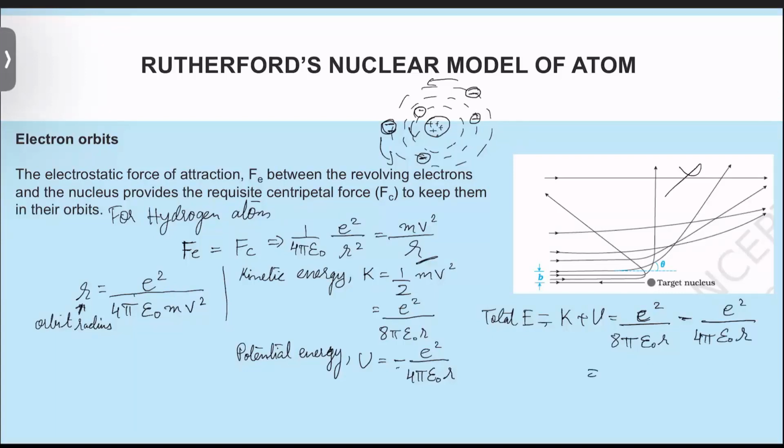So ultimately what you get is minus e square upon 8 pi epsilon 0 r.